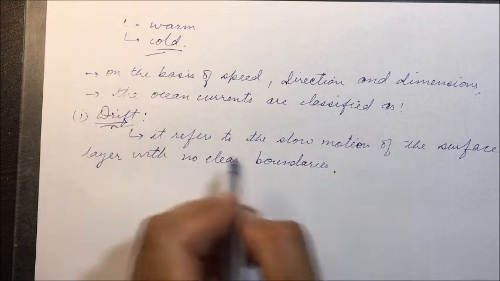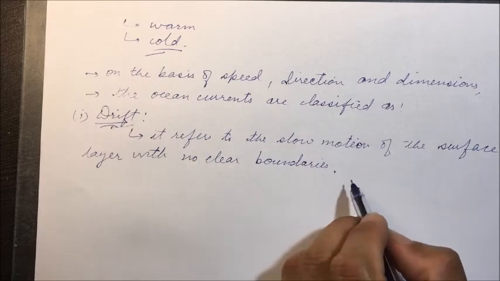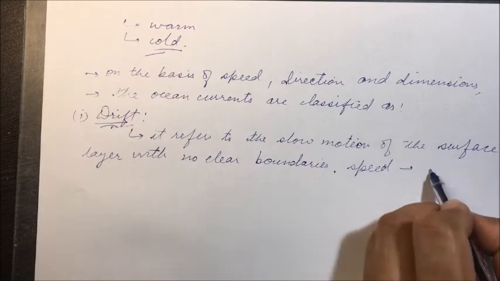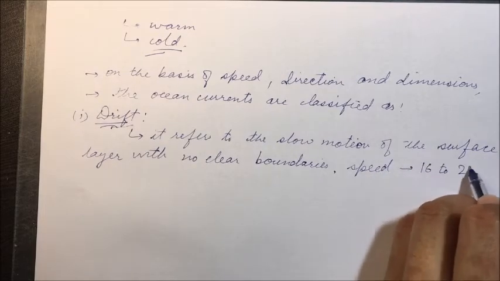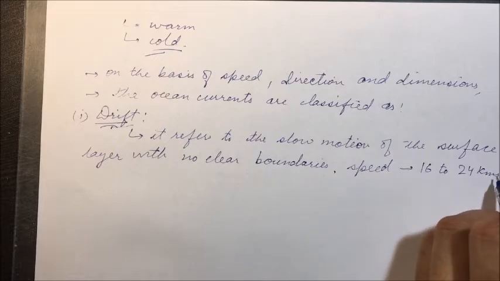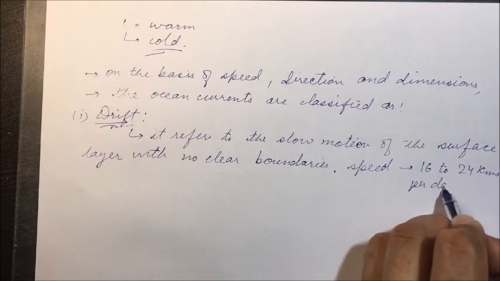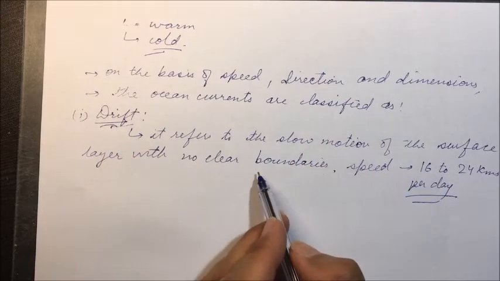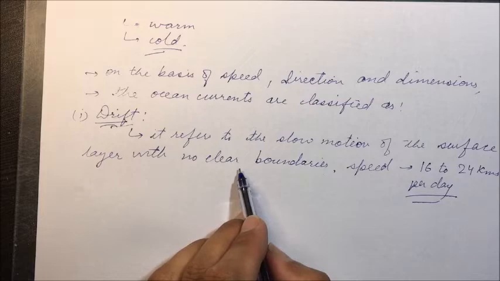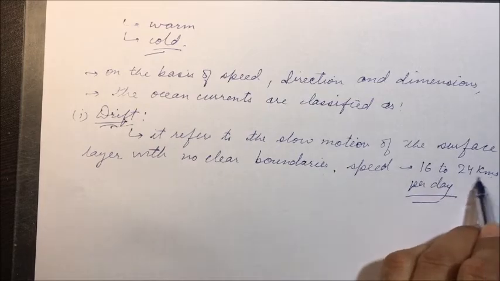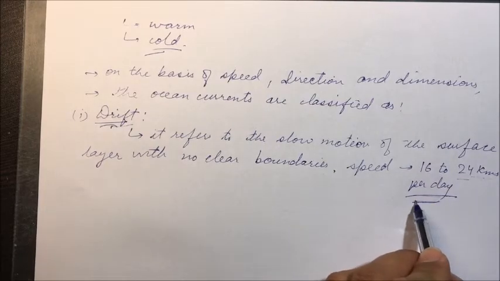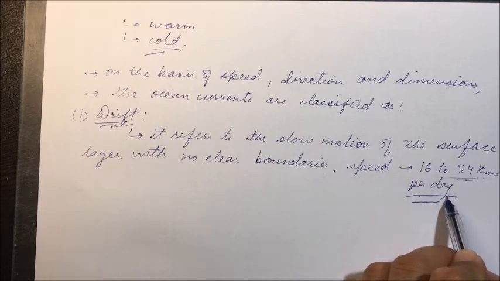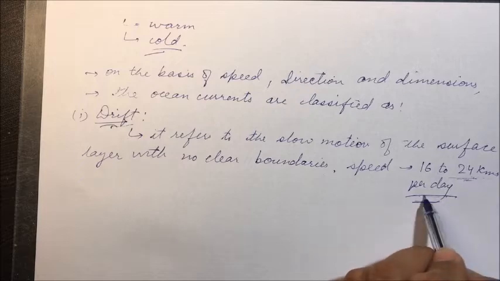And the speed of this water is around 16 to 24 kilometers per day. So drift is a very slow motion of the surface layer. There are no clear boundaries, and it moves around 16 to 24 kilometers per day.